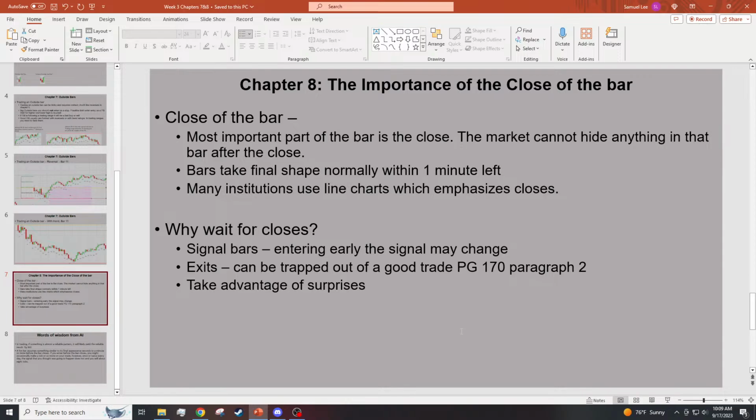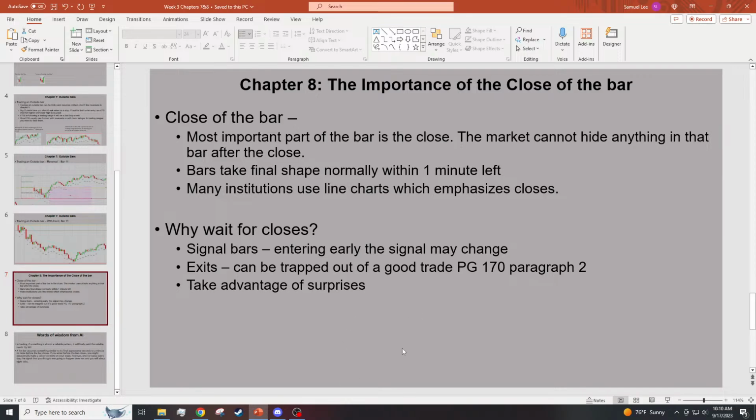Although once you start to look for them on the 5-minute bar chart or candlestick chart, you can just begin to see them, and they usually act as support or resistance. But the closes are what's important, not necessarily where the market opened on the current or last 5-minute bar. It's always the closes. That's what people pay attention to.